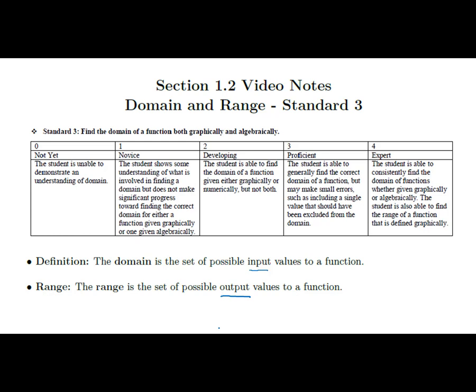So for example, you would never expect a negative number to come out if you are scanning an item and it's telling you what the price is. So what that means is that the range of the grocery store scanner is limited to only positive values.